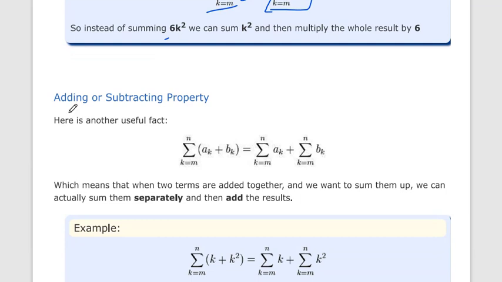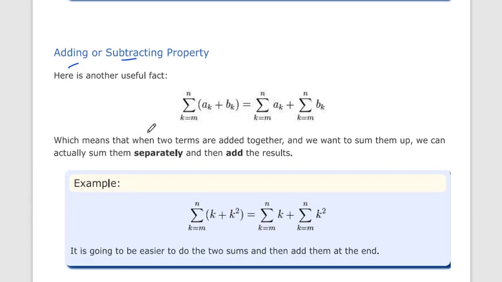The second property is the adding or subtracting property. If it is in brackets, sigma k equals m to n of (a_k plus b_k), we can multiply with both the terms.